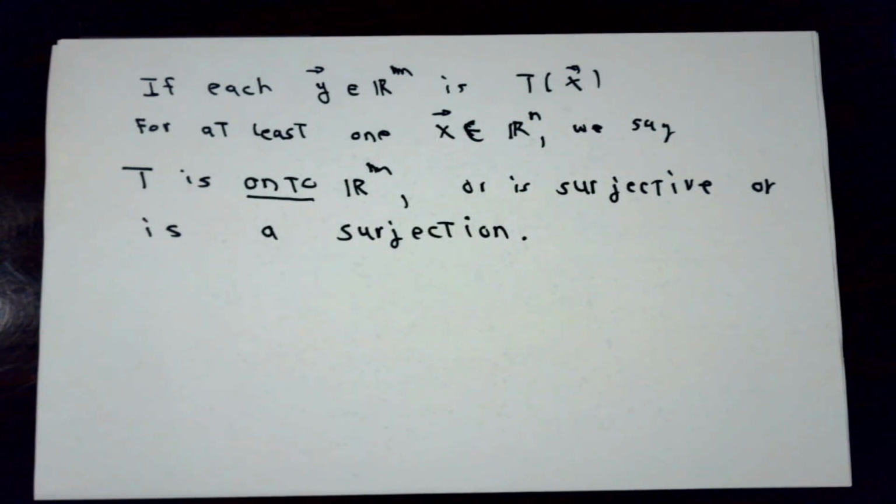If each y in Rm is equal to some value T of x for at least one x in Rn, then we say that the function is surjective, or onto Rm.